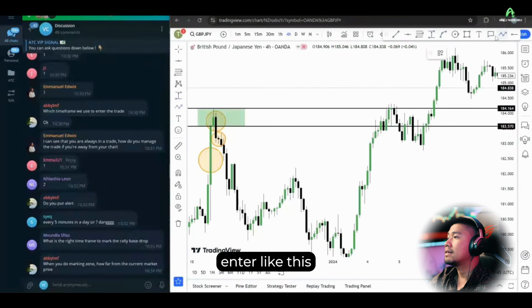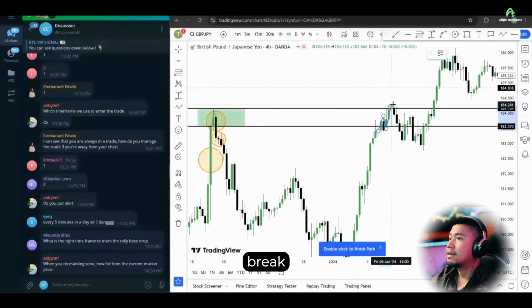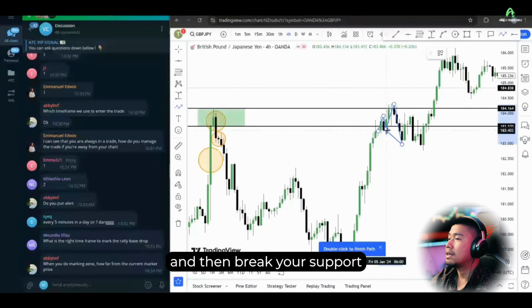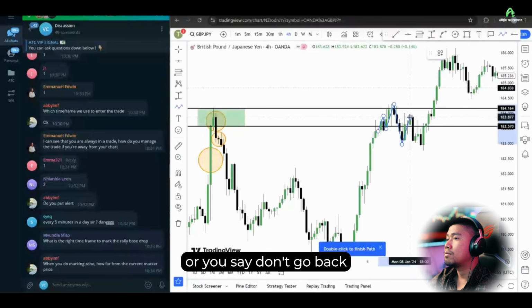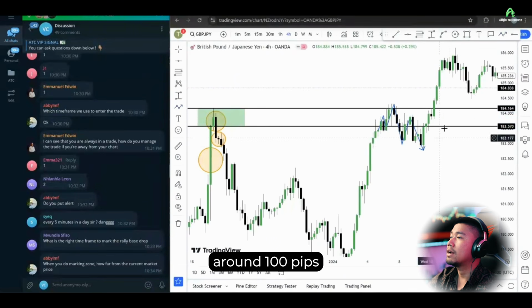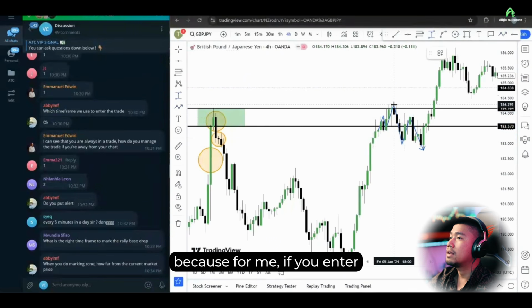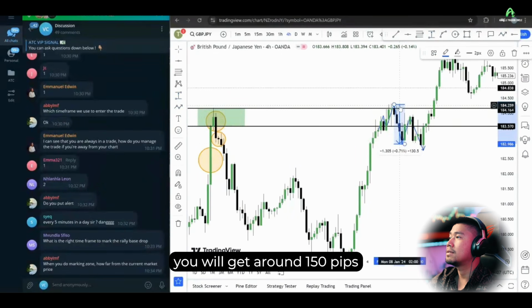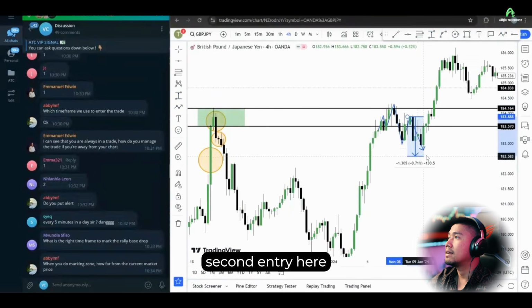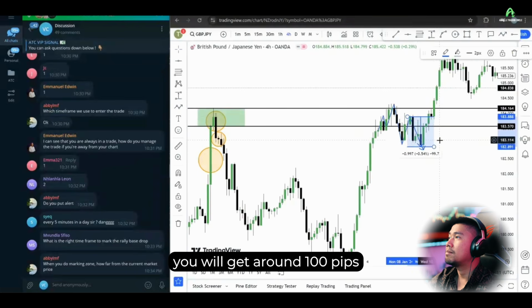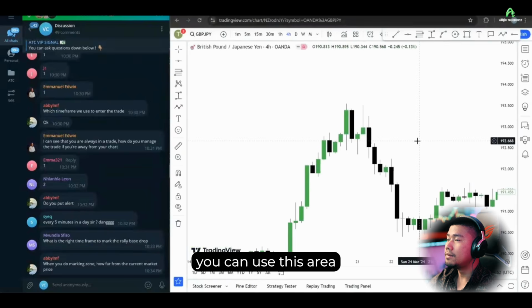So the price enters like this, breaks your support in a lower time frame, right? And then price returns back or retraces or pulls back, whatever you call it, and then you do entry again. If you enter from this area, you will get around 130 pips. But if you do a second entry here, you will get around 100 pips. So in total you will get around 230.